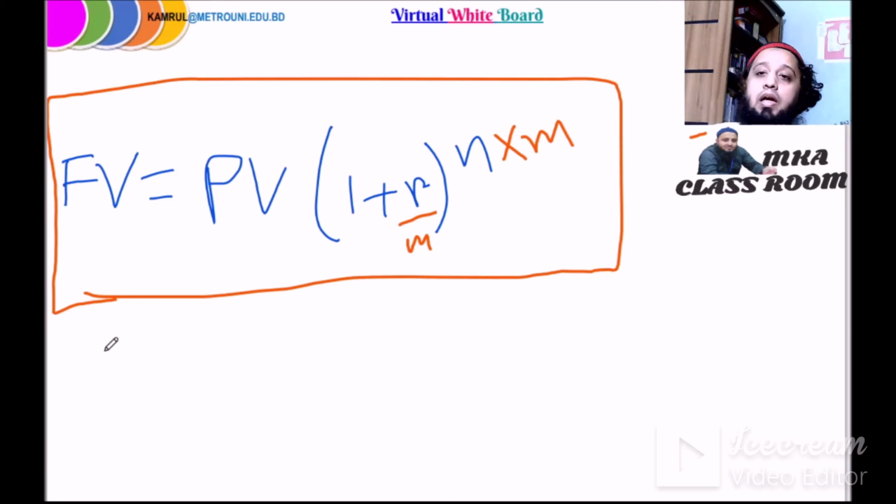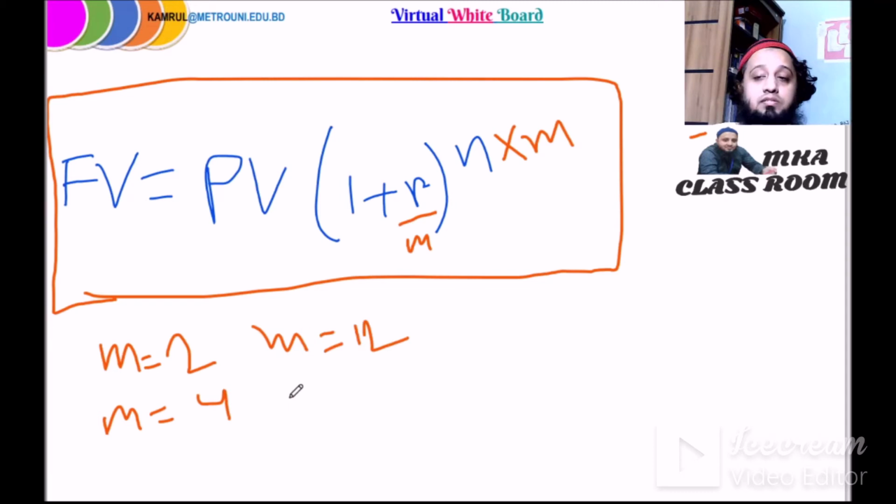M should be 4 for quarterly compounding or discounting. M should be 12 if it is monthly compounding or discounting. M should be 52 if it is weekly compounding or discounting.